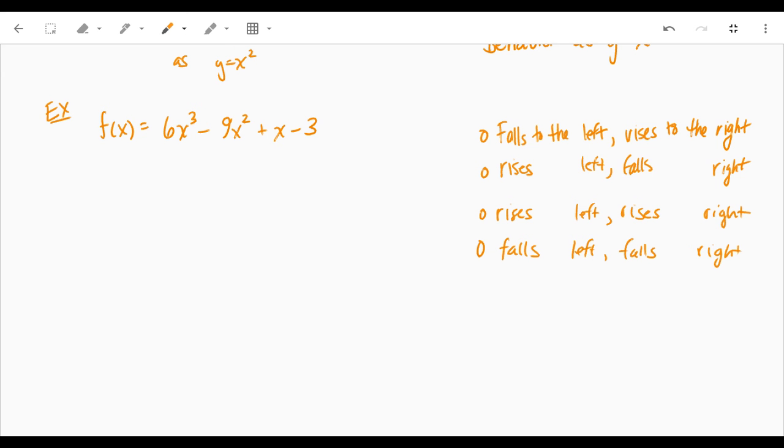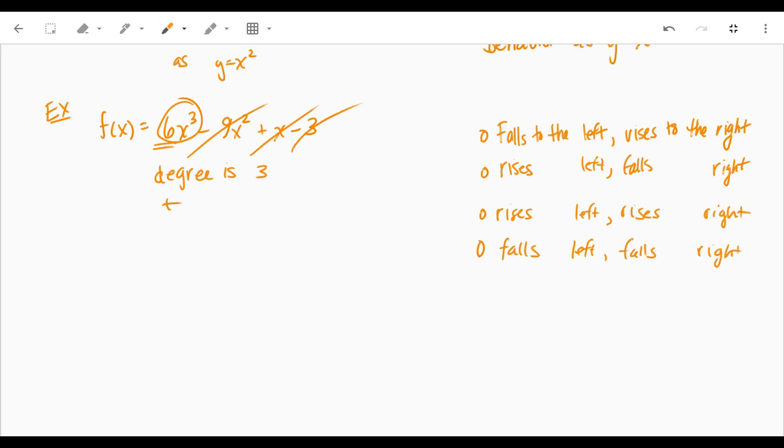So for our first one here, again, all we care about is the degree, the highest exponent. So we don't care about those at all. All we care about is the 6x cubed. The degree is 3. And that coefficient there, that's 6, and it's a positive function.